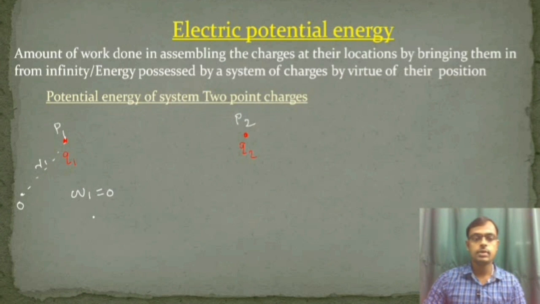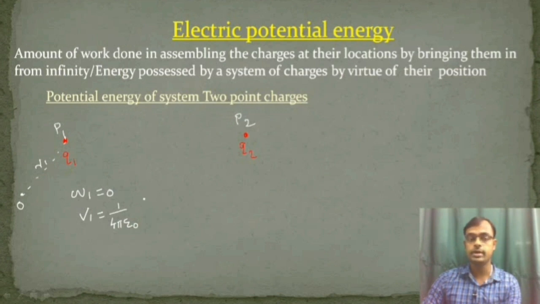What is the potential at the position P2 due to Q1? Say it is V1. So V1 is equal to 1 by 4 pi epsilon 0 times Q1 divided by the distance between P1 and P2.